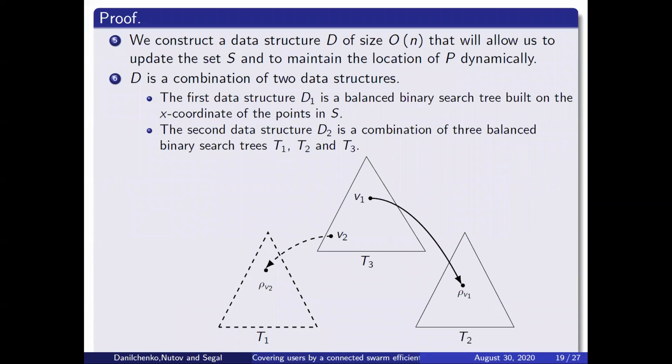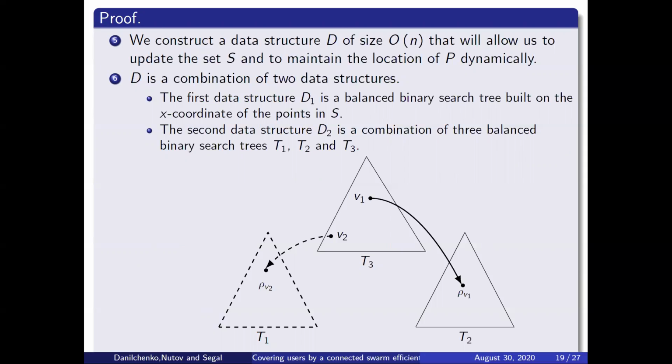In order to maintain dynamically min C and max C, we propose a data structure. The proposed data structure D is the combination of two data structures. The first data structure keeps the set S and the second data structure contains the set C of square centers and the weight of points covered by each square.